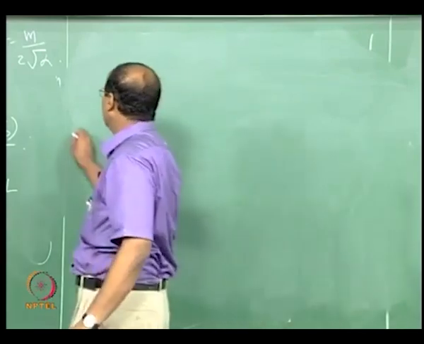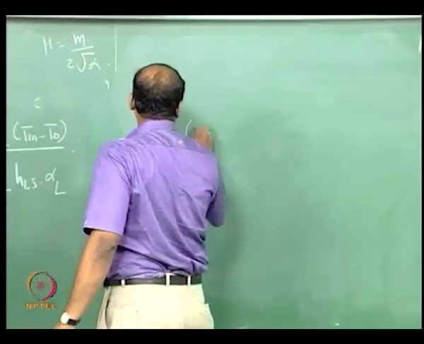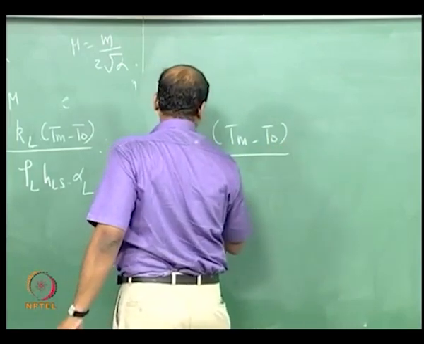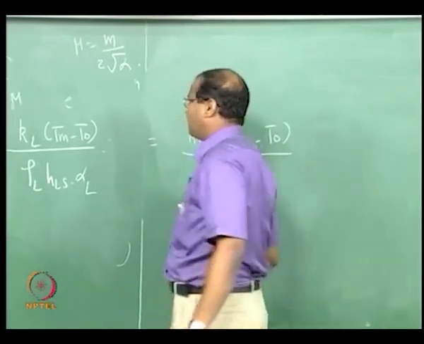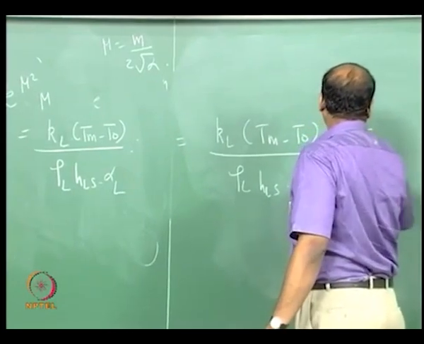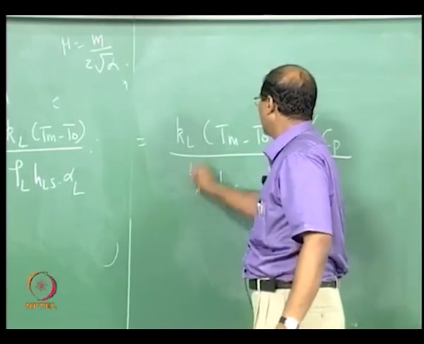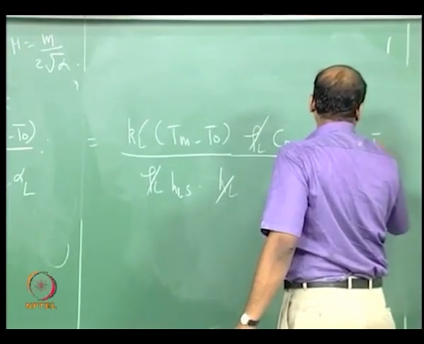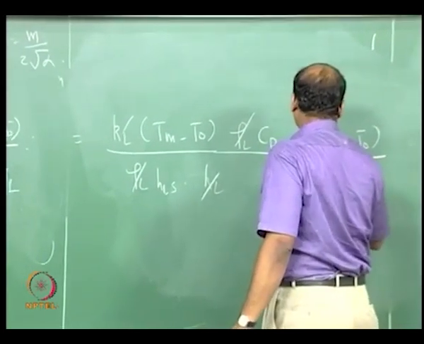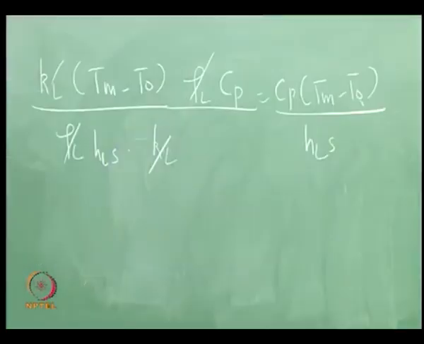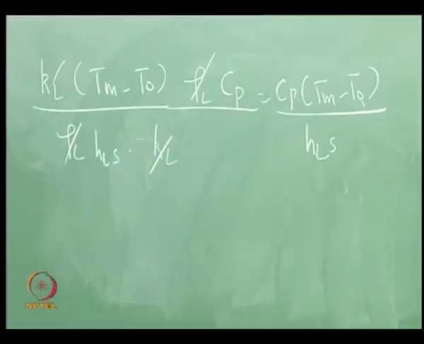So easy for me, equal to KL Tm minus T naught divided by rho L HLS, alpha is KL by rho Cp. Oh, finally we solved the Stefan problem.